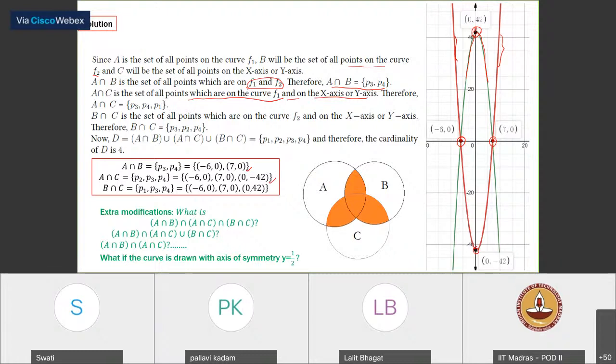So just look into these things carefully. This is where the marks will be deducted. Some people will confuse between these two curves.